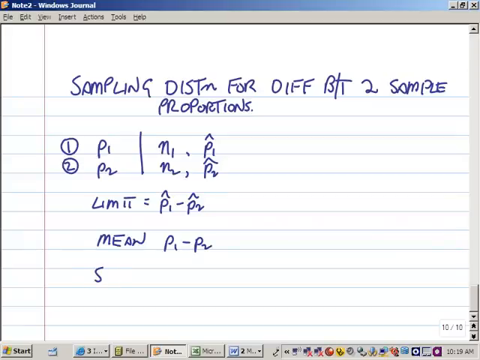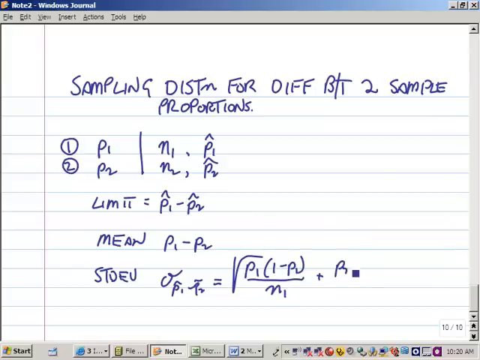The standard deviation of the normal distribution is sigma with a subscript P hat 1 minus P hat 2, and that equals the square root of P1 times 1 minus P1 on N1 plus P2 times 1 minus P2 on N2.